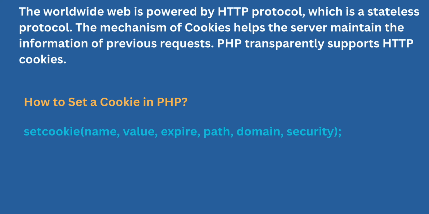So those information are basically stored locally on your computer with the help of your browser, right? So here you see the World Wide Web is powered by the HTTP protocol, which is a stateless protocol. The mechanism of cookies helps the server maintain the information of previous requests and transparently supports HTTP cookies.